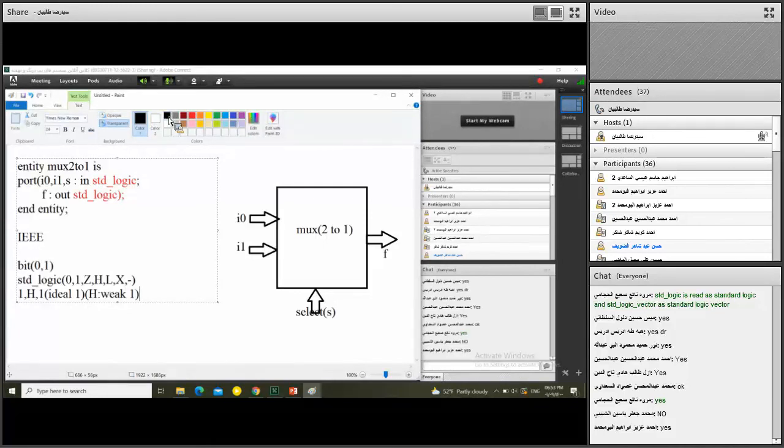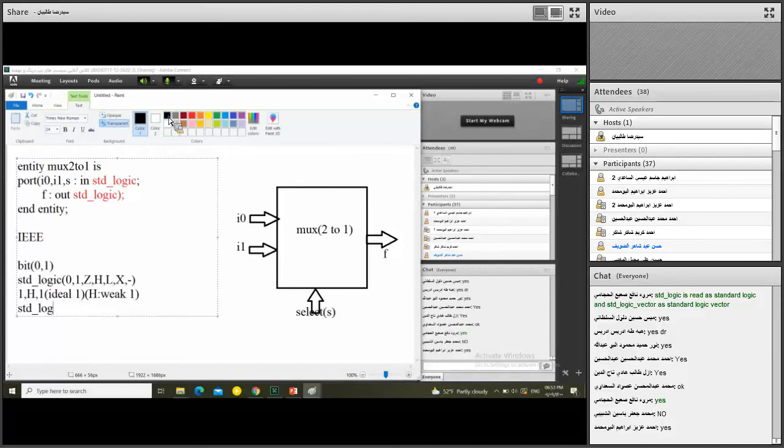They are not in real world, but they can help us in our simulation. The only thing is that. If you use standard logic, you can have better simulation.